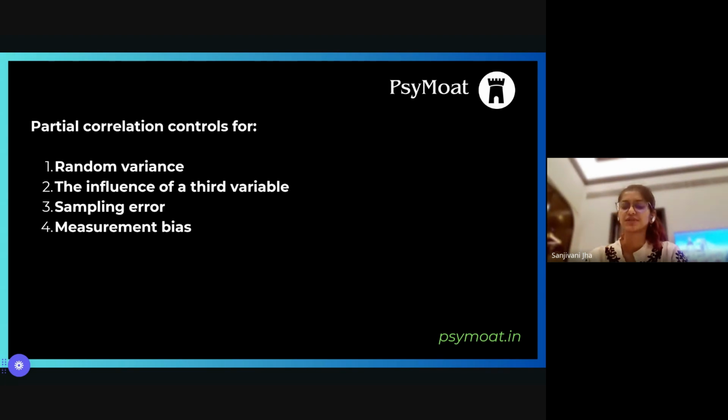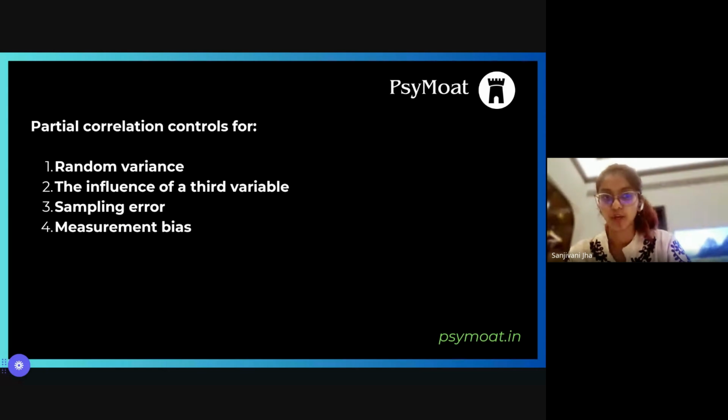Partial correlation controls for random variance, the influence of a third variable, sampling error, or measurement bias. Why do we do a partial correlation in general? What do we want to know by partial correlation? What happens if we are able to control the influence of the third variable?